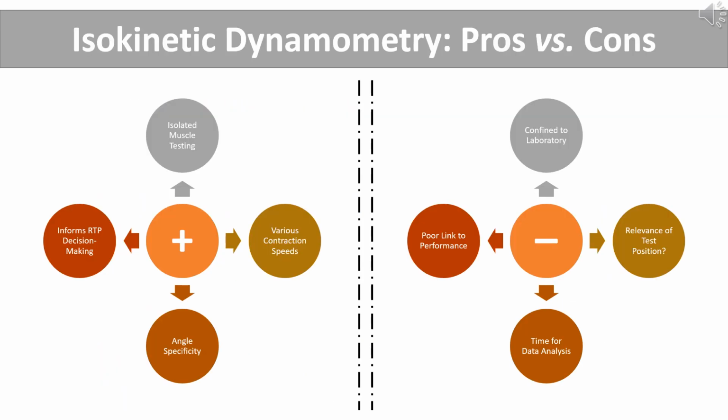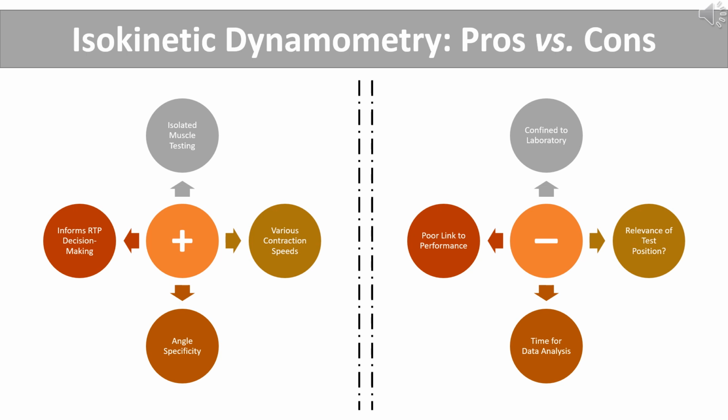Now, whilst I only outlined a single study looking at the reliability of raw data versus ratios from isokinetic dynamometry, a lot of the existing literature surrounding this type of assessment follows a similar pattern to what Franco's study did.